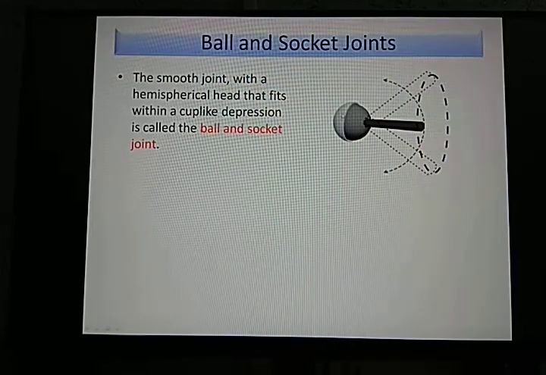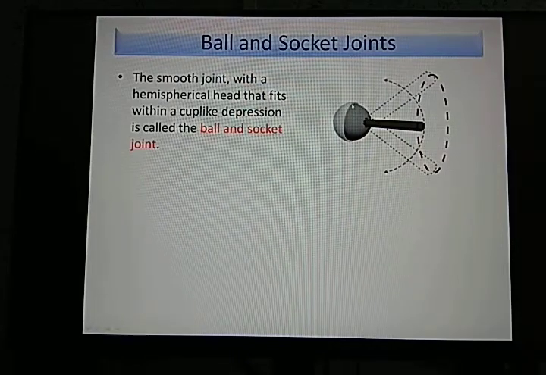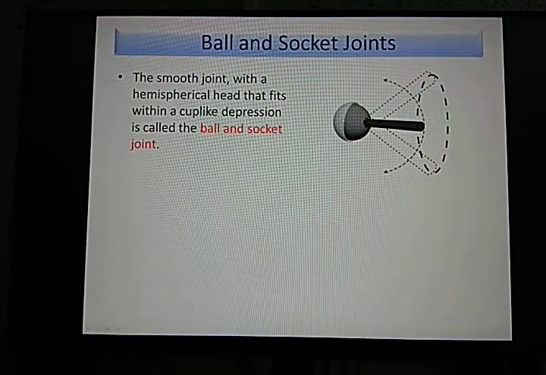So this hemispherical bone fits within this cup-like depression, and it is called a ball and socket joint. If a bone fits inside another bone's cavity so perfectly that we can easily rotate it, bend it or move it sidewise, upwards, in every direction, then such a joint is called a ball and socket joint. Clear?